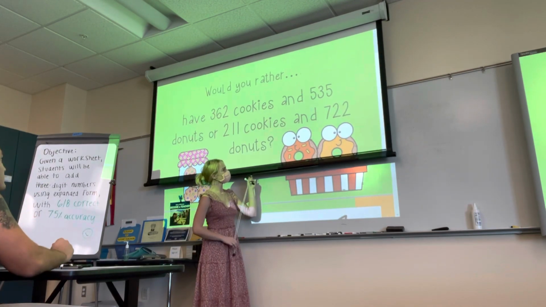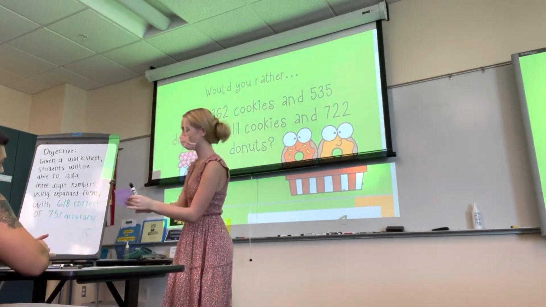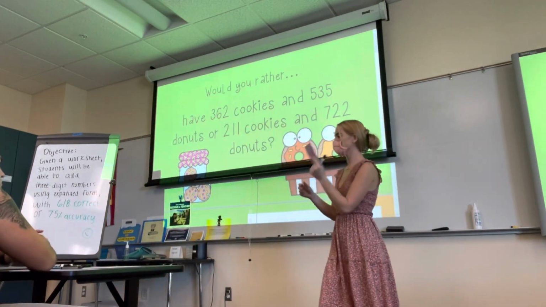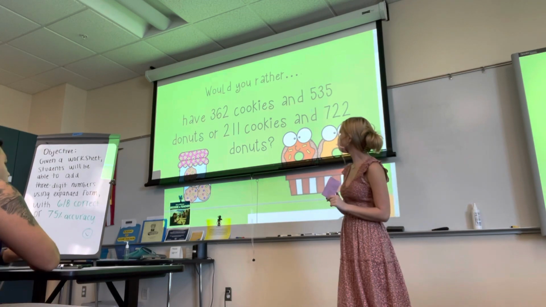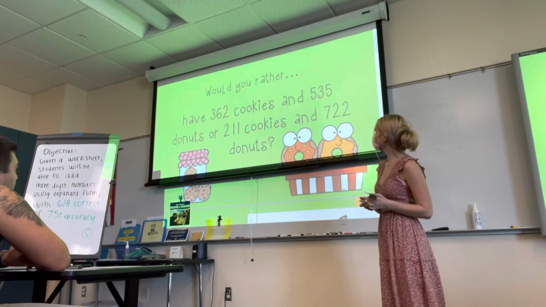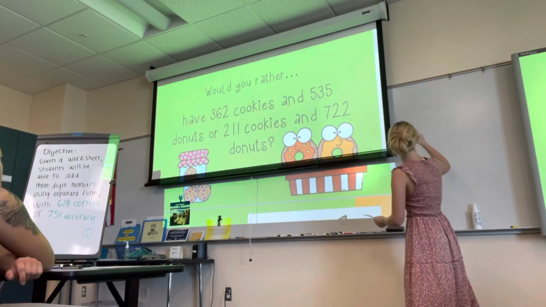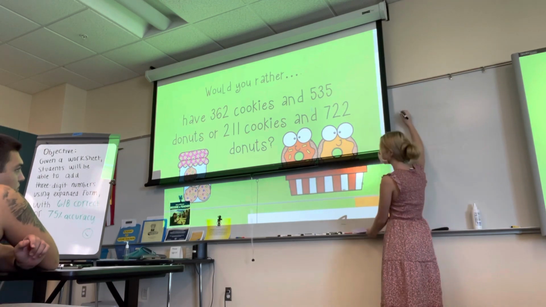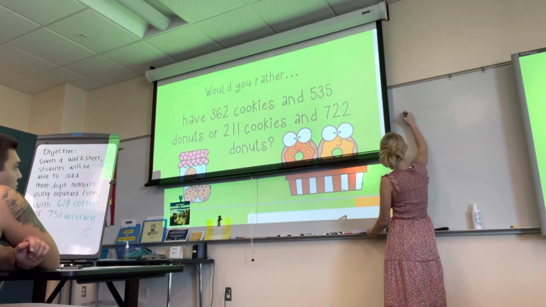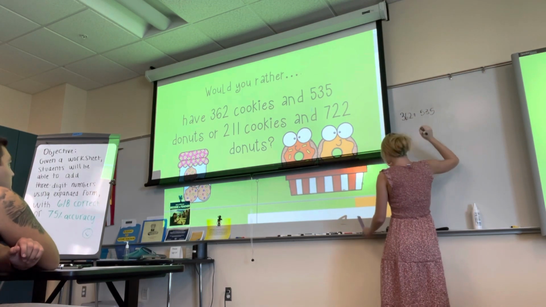Okay, I think Joseph has chosen his answer. Let's see. So first, it looks like Joseph chose choice 1. Let's add choice 1. So 362 cookies and 535 donuts. What would this look like as an equation? Joseph? 362 plus 535.